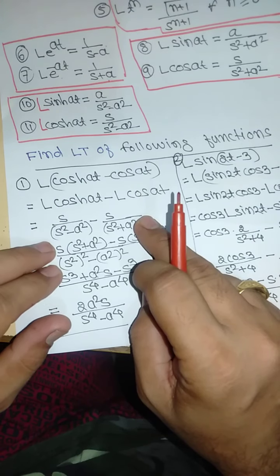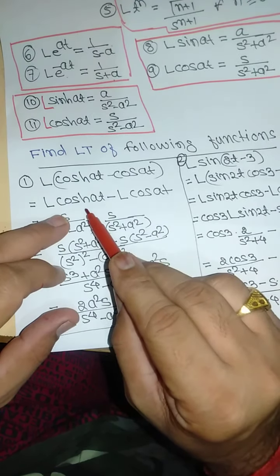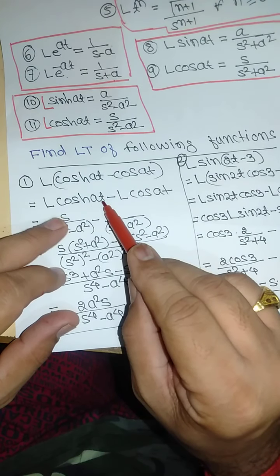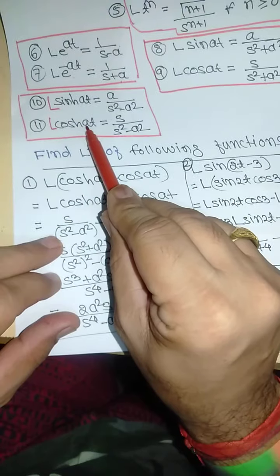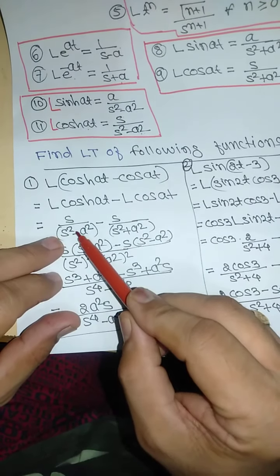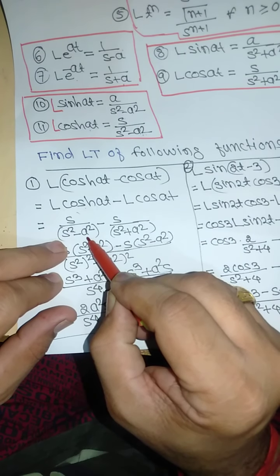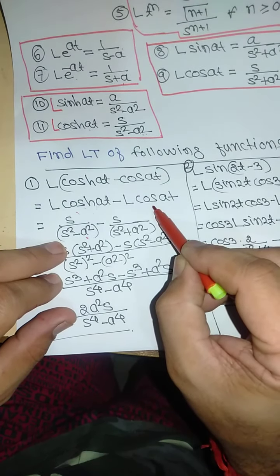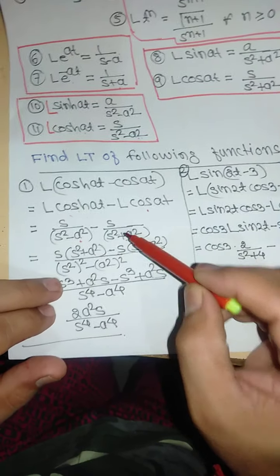Then by the standard result, the Laplace transform of cosh at is equal to s upon s square minus a square, and the Laplace transform of cos at is s upon s square plus a square.